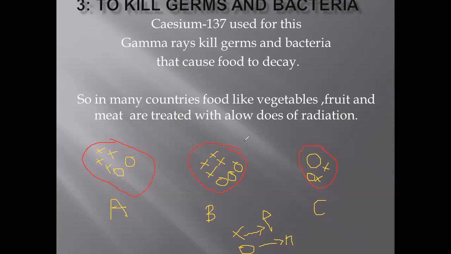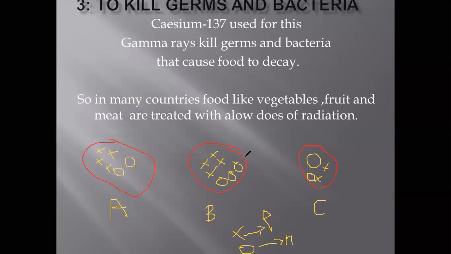So, boys, as we said, isotopes are different atoms of the same element, that have the same number of protons but different number of neutrons. Why do isotopes have the same chemical properties? Because they have the same number of electrons.